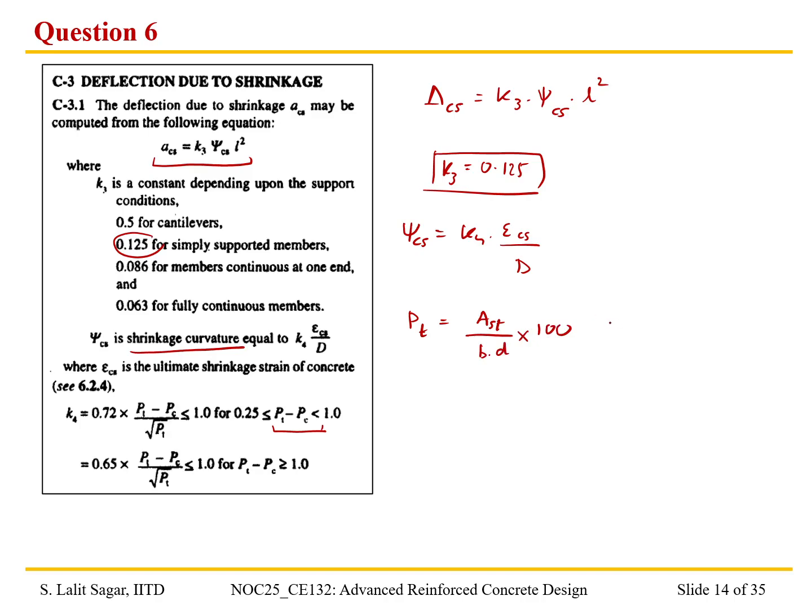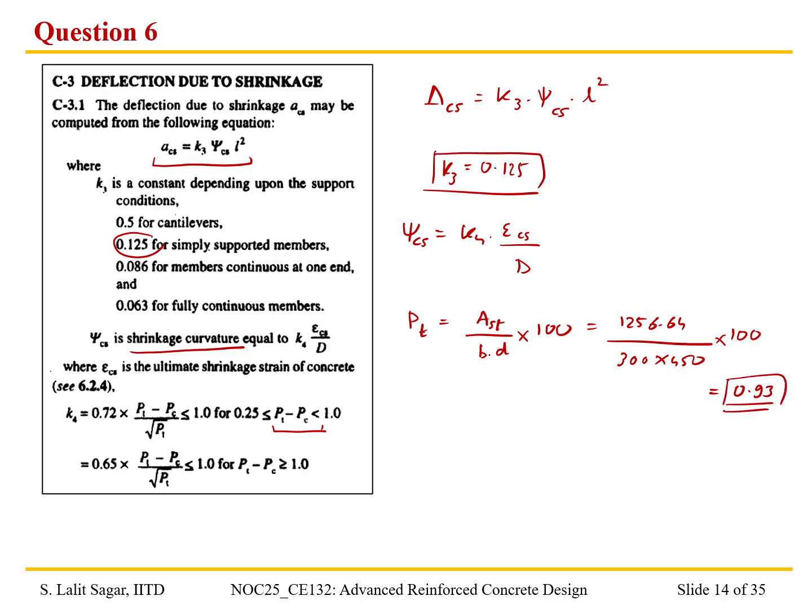Let us substitute that value, that is 1256.64 divided by 300 multiplied by 450 into 100. That gives a value of 0.93. So PT is 0.93.